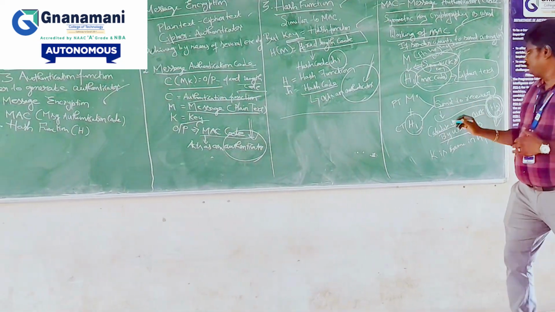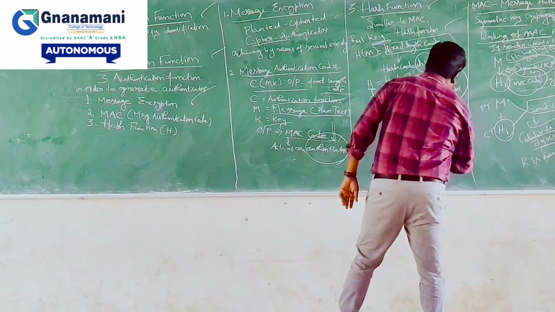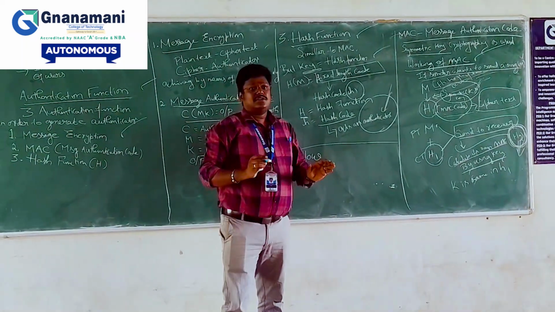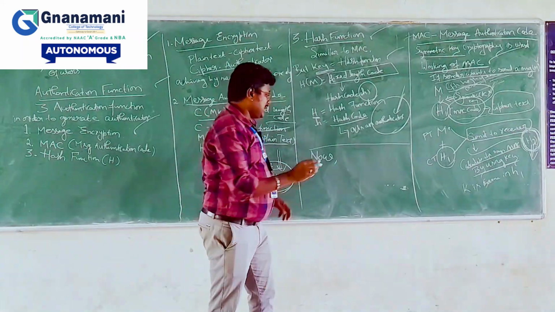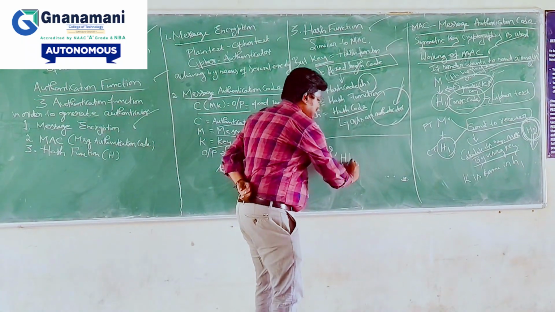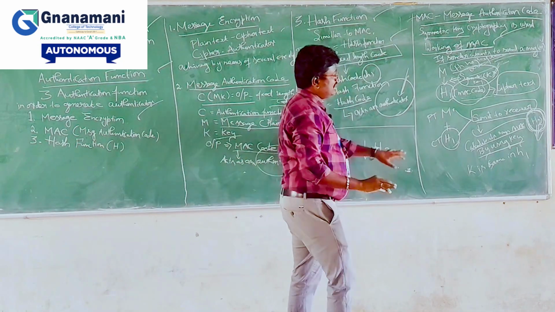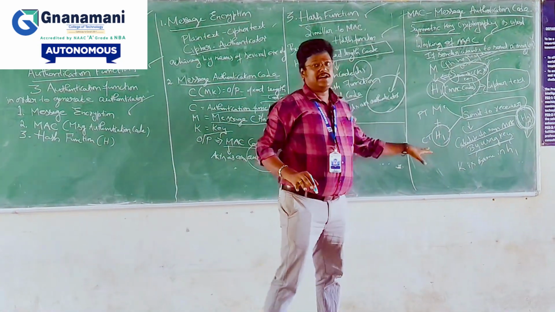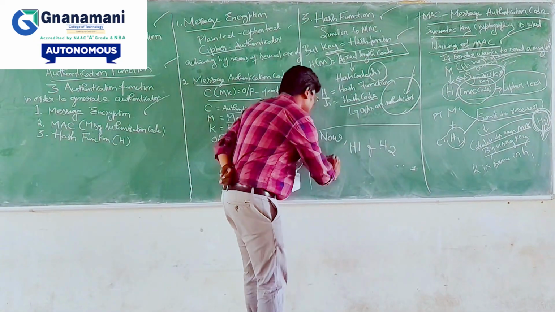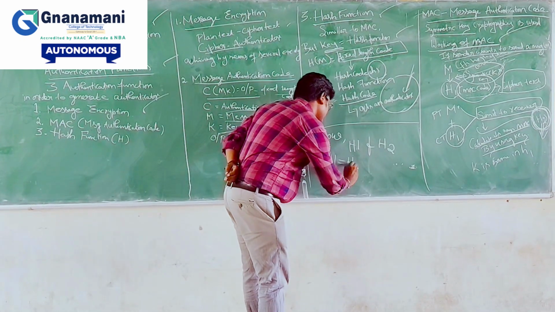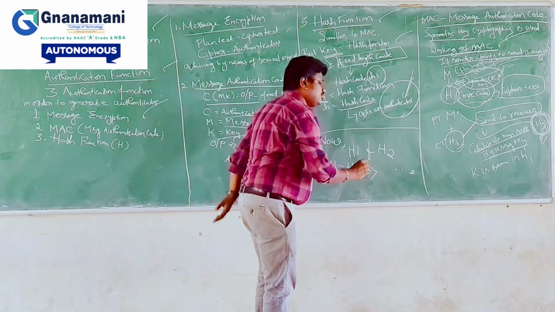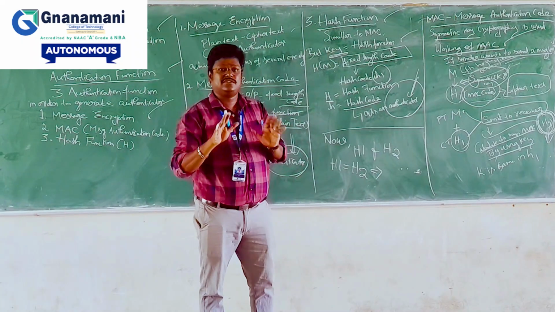Now we are going to check. We are going to do the comparison of H1 and H2, the MAC codes we already have for the sender side and the receiver side. If H1 is equal to H2, then the actual message has been received on the receiver side.